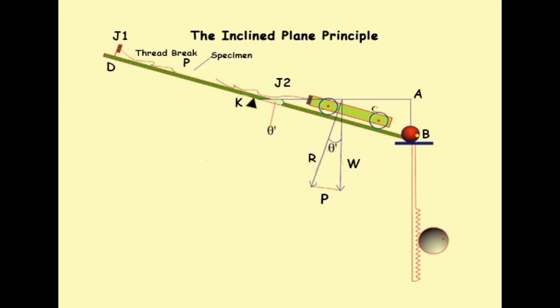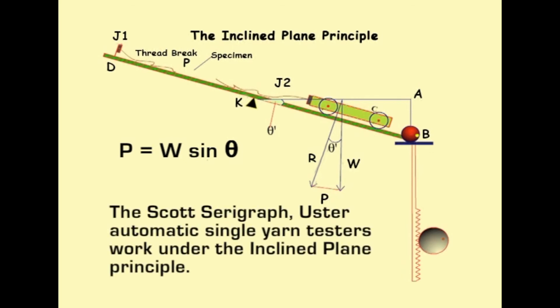Let P be the force parallel to the plane, that is the force applied on the specimen, then P is equal to W sin theta. Therefore, P is proportional to sin theta. Hence, the load on the specimen is directly proportional to the sine of the angle of inclination. The Scott serigraph used in automatic single yarn testers works under the principle of inclined plane.